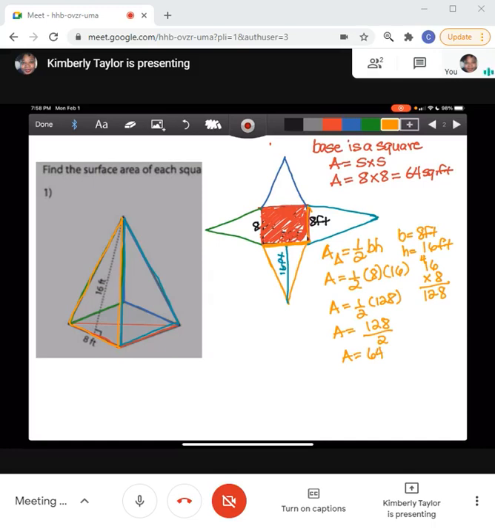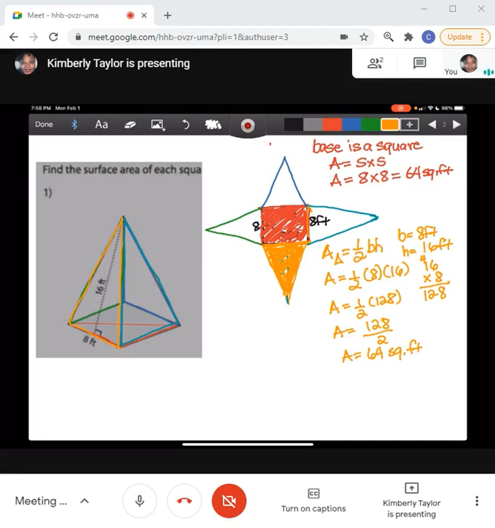Okay, I see what you put. So Kyla, that means that the yellow one is 64 square feet. Now, because this is a square pyramid, all of the other triangles are going to be the same area.